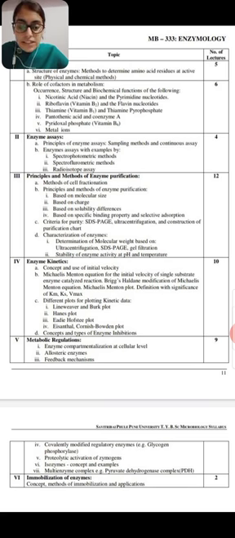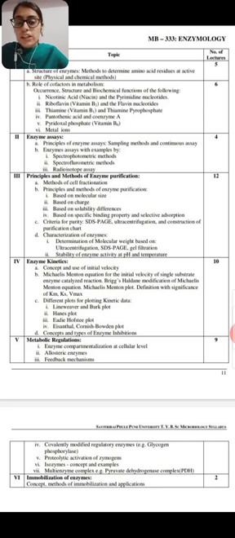Last D point is characterization of enzymes. Now characterization of enzymes includes 2 points: determination of molecular weight based on ultracentrifugation, SDS-PAGE, and gel filtration. The upper part is there, SDS-PAGE and ultracentrifugation, same is included, just depending on the molecular weight.